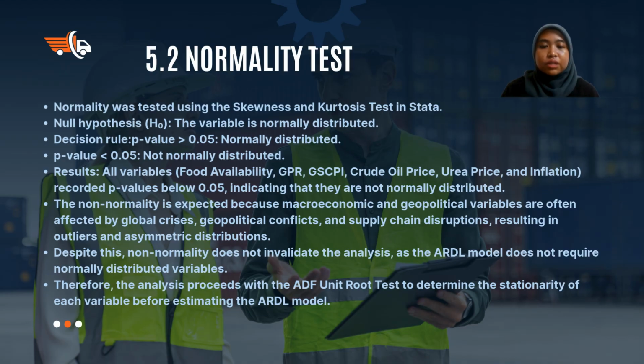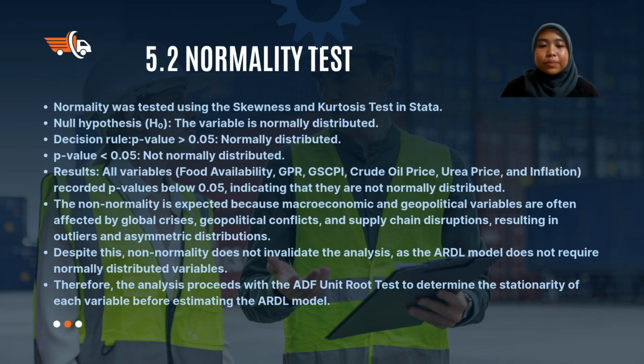Based on the result, our variables, including food availability, geopolitical risk, GSCPI, crude oil price, urea price, and inflation, have p-values below 0.05. Therefore, the null hypothesis is rejected, indicating that all variables are not normally distributed.